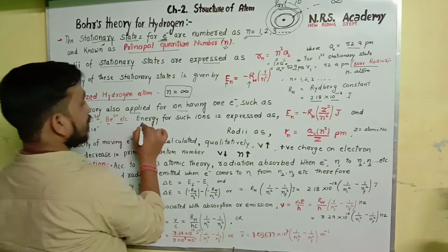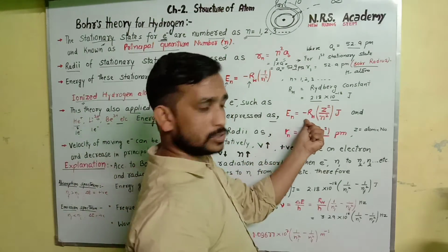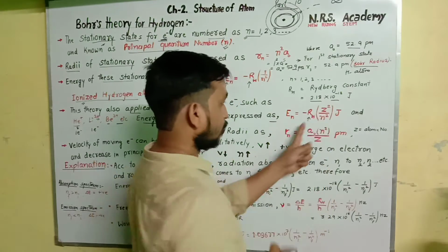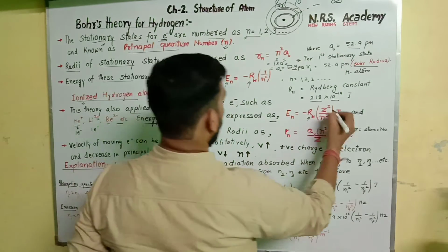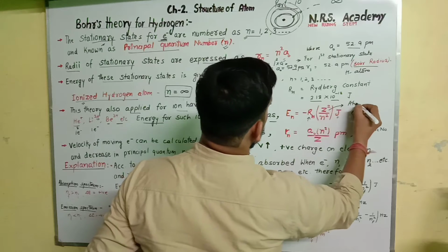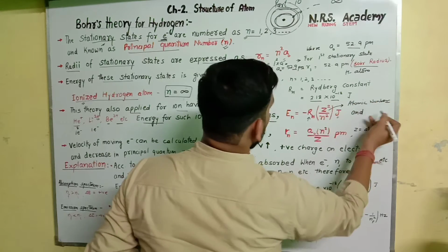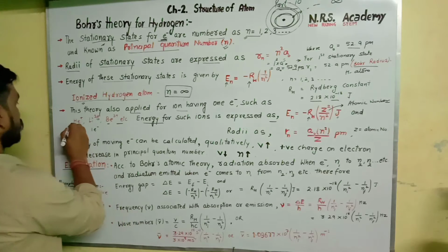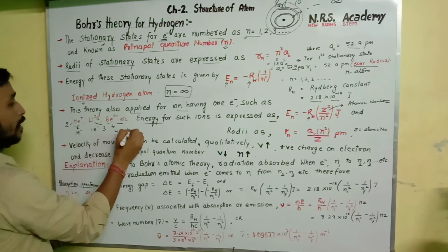For such ions, the energy is expressed as En = −RH × Z²/n² joule, where Z is the atomic number of that atom. For helium it is 2, for lithium it is 3, for beryllium it is 4, and so on.